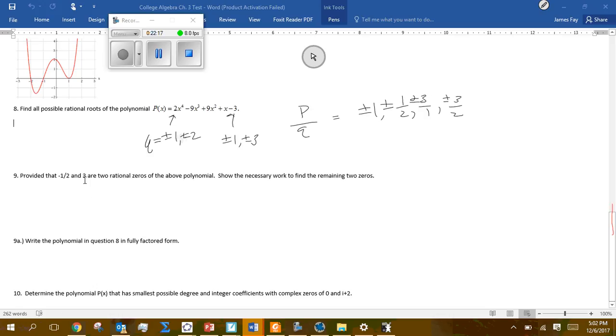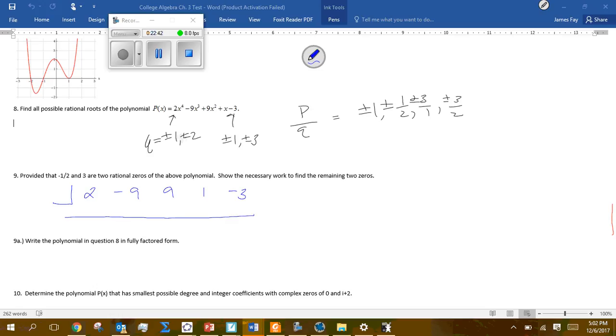It's provided that -1/2 and 3 are two rational zeros of the above polynomial, show the necessary work to find the remaining zeros. A lot of you did this different ways, but if you go through and show me with either synthetic division or long division that you start to get other zeros to show up, that would be fine.